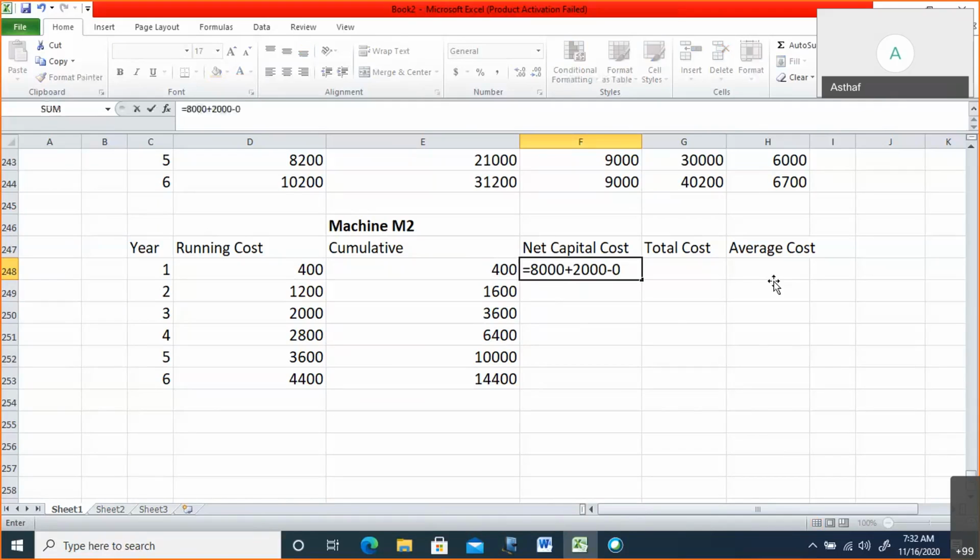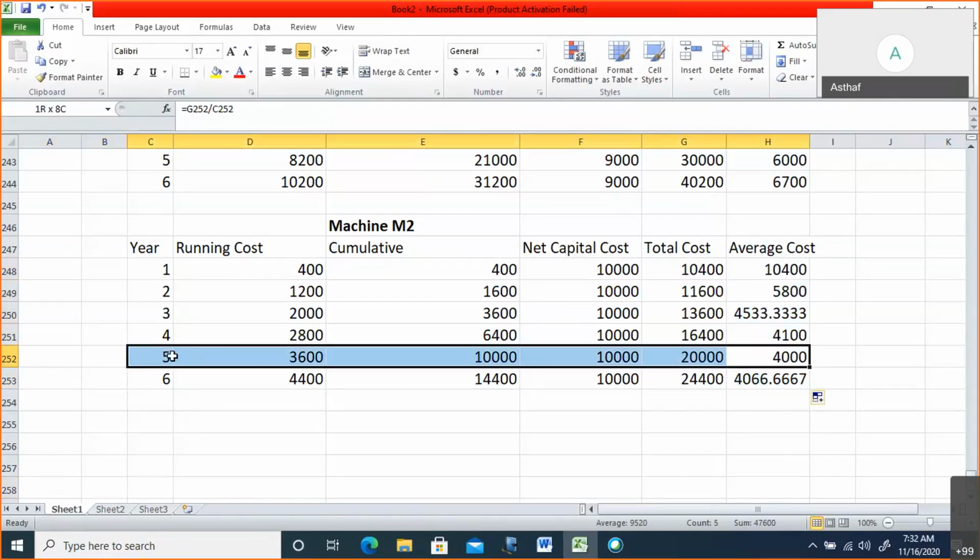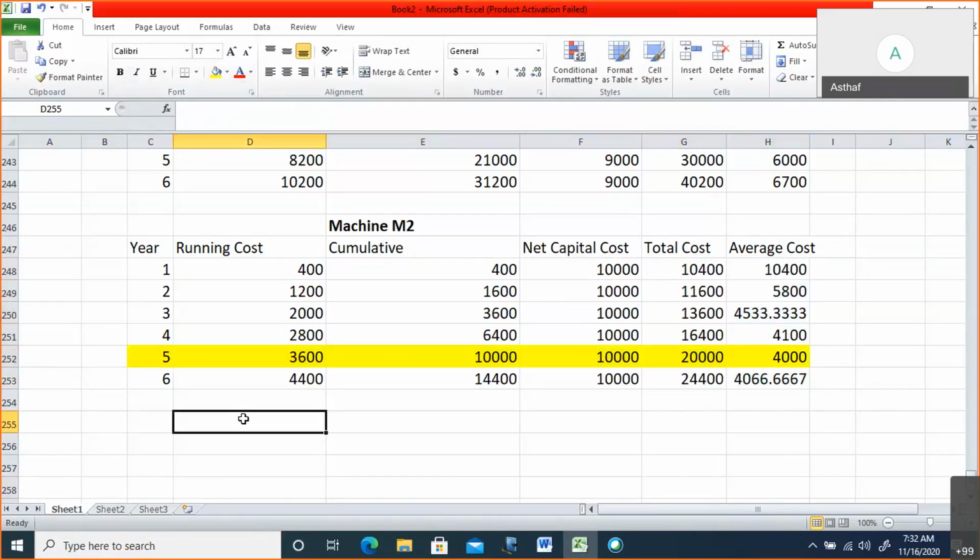So the cost is coming where? Look here. So, optimum period of replacement is what?